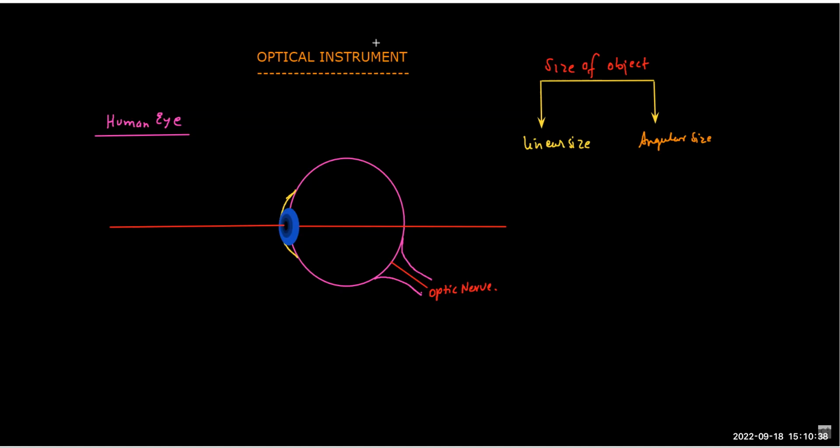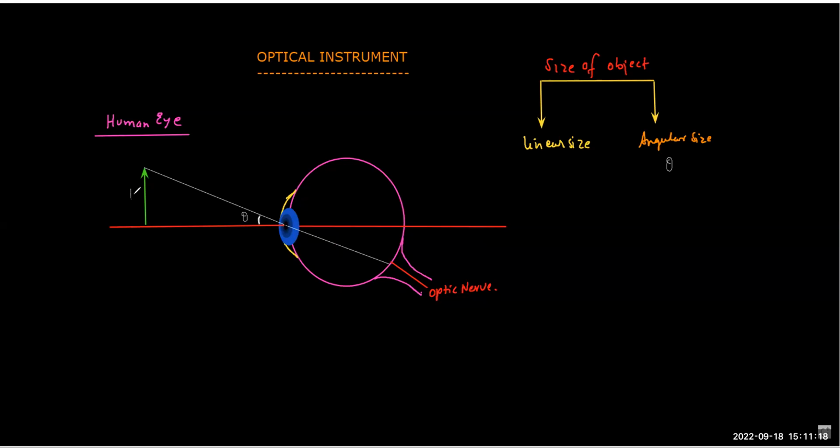So the first thing we need to understand is that the size as perceived by the human brain or human eye is the angular dimension. If I draw a hypothetical object, and join this object to the human eye, and extend this line, in a highly exaggerated diagram, then this angle we call the size of the object, the angular size.